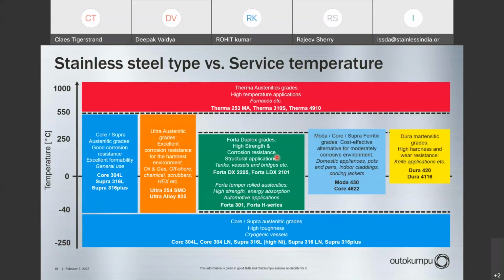So the Duplex and the ferritics are those that you really need to consider the temperature range both at the highest side and at the sub-zero temperature side as well. Duplex can be used at slightly lower temperature than ferritic or martensitic if we're looking at the low temperature side there.